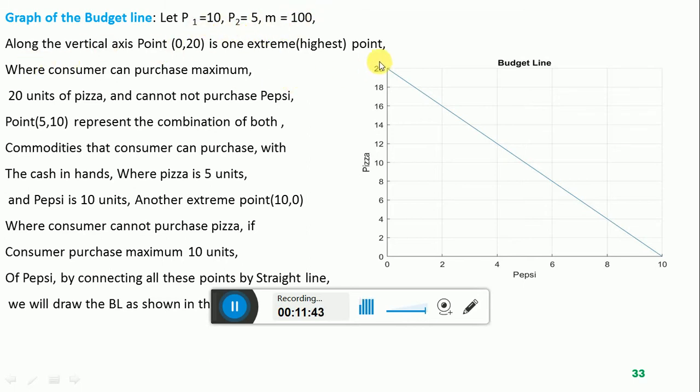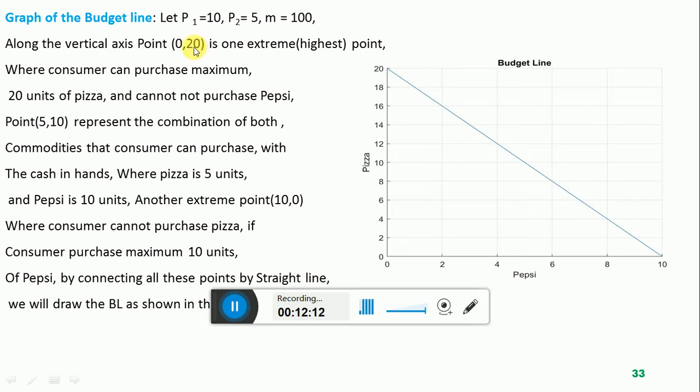Along the vertical axis we are measuring the quantity of pizza, along the horizontal axis the quantity of Pepsi. When the consumer is consuming only one commodity, pizza, and does not need Pepsi, this is one point along the vertical axis. First point: 0, 20. 0 means Pepsi is 0; the consumer is not purchasing Pepsi.